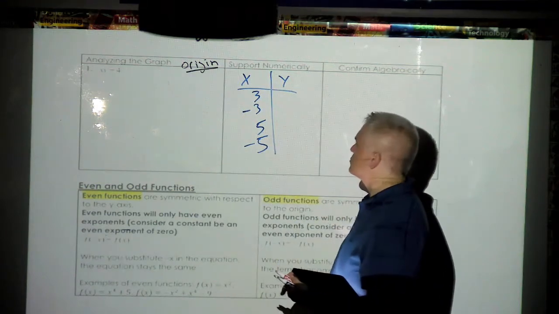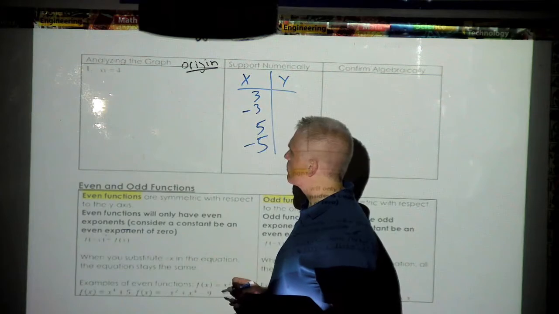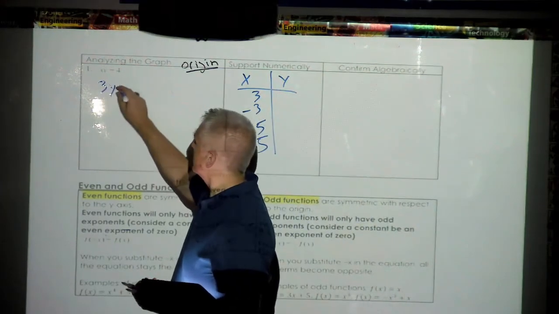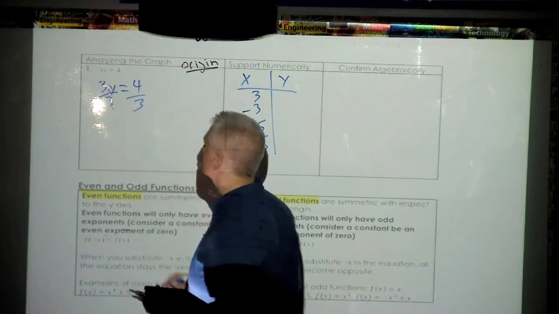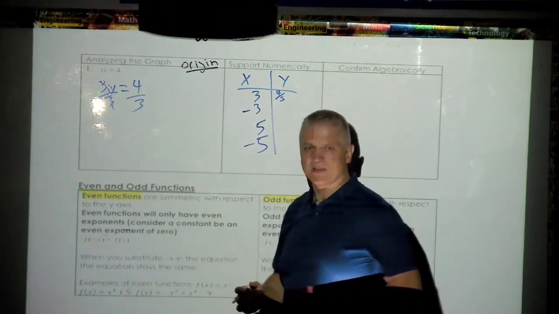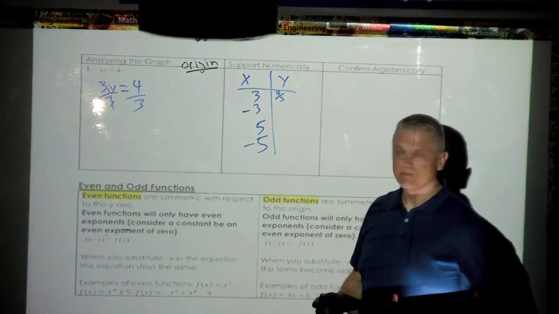Okay, so when x is 3, 3 times y equals 4. Divide by 3. Y is 4/3. You say, Mr. Barry, that's not a very nice number. I don't need to graph it. I just need the number.